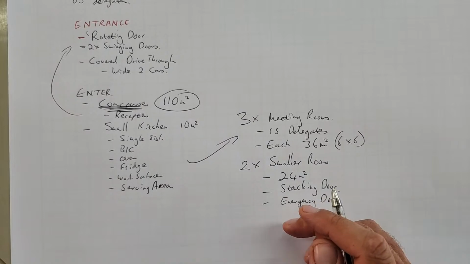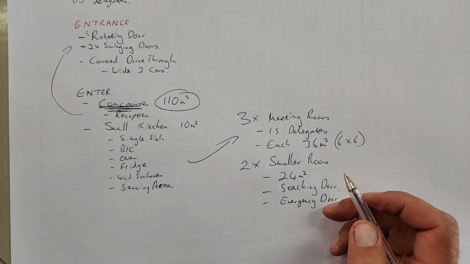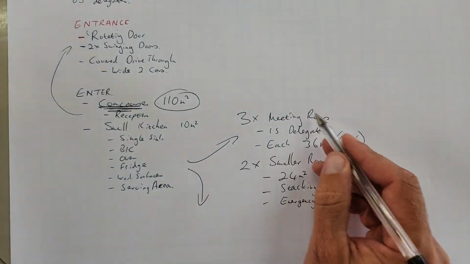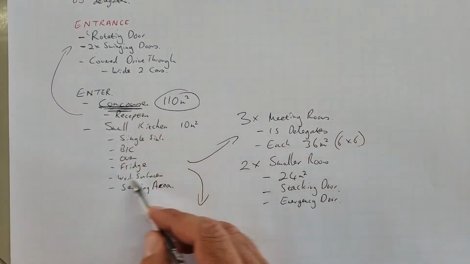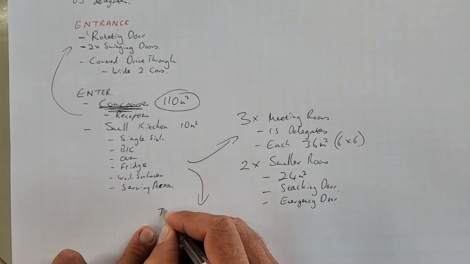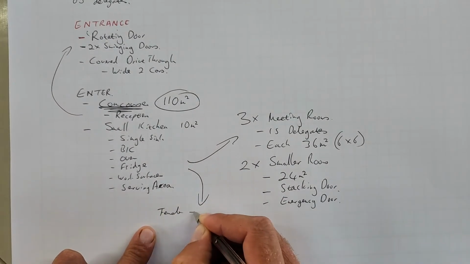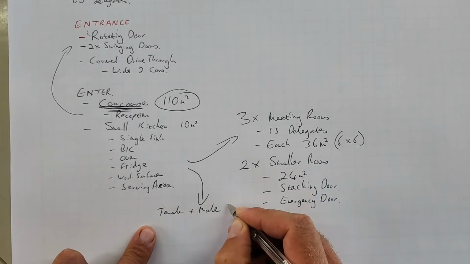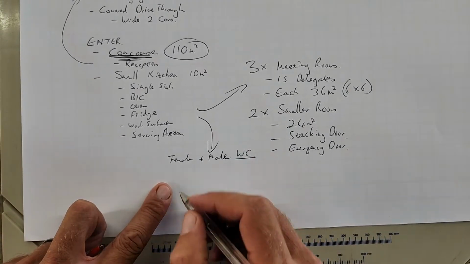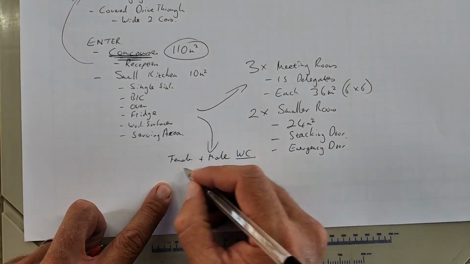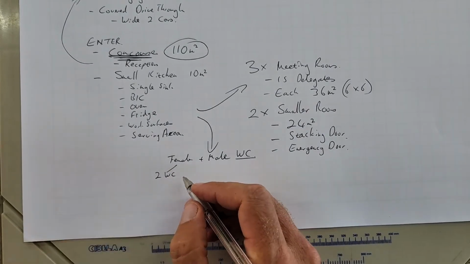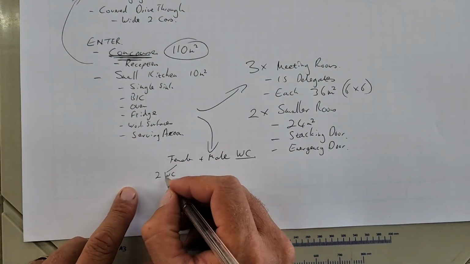Then they talk about our toilets. Close by here, the delegates must have access from the concourse to the toilets. So I'll just say female and male. WC is the abbreviation for toilet. In the female, we have 3 WCs.